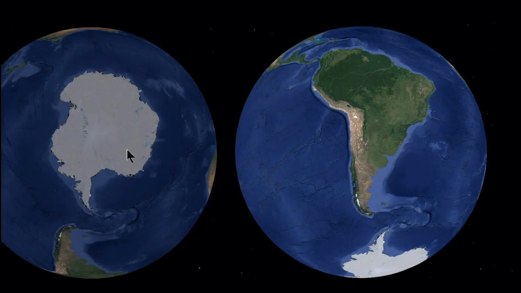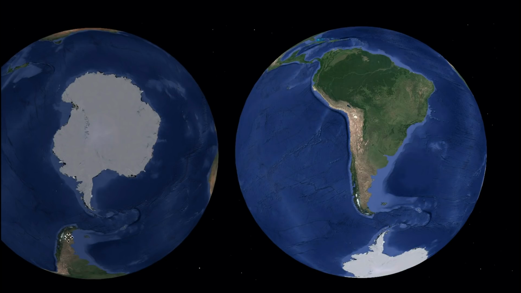Okay, so here I flipped Antarctica. I twisted it around. If it was to flip up, this is exactly how the peninsula would be facing. It'd be facing the same way but upside down.